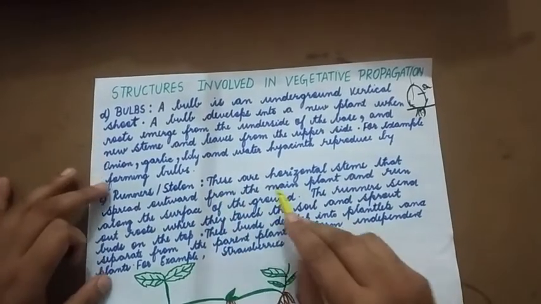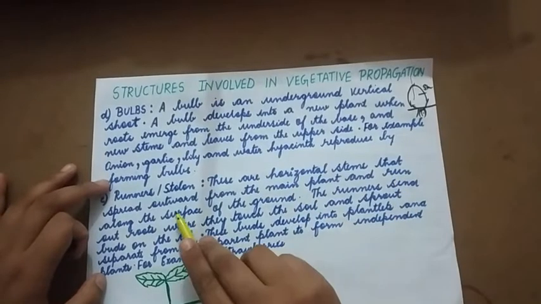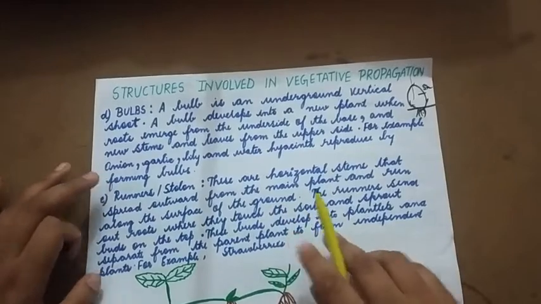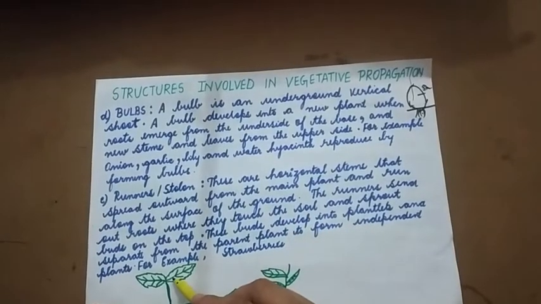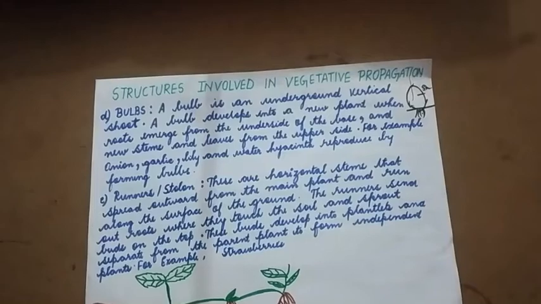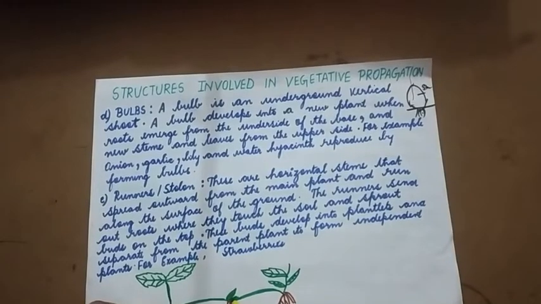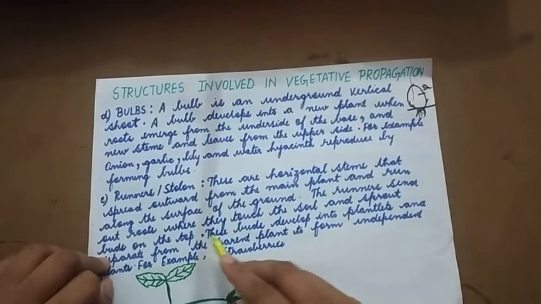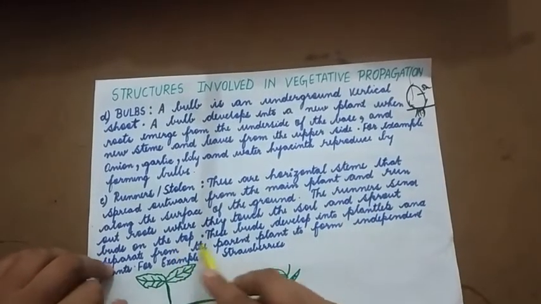Runners or stolons. These are horizontal stems that spread outward from the main plant and run along the surface of the ground. An example is strawberry. This is a horizontal stem spreading outward, above the ground, and running across the surface. The runners send out roots where they touch the soil and sprout buds on top.